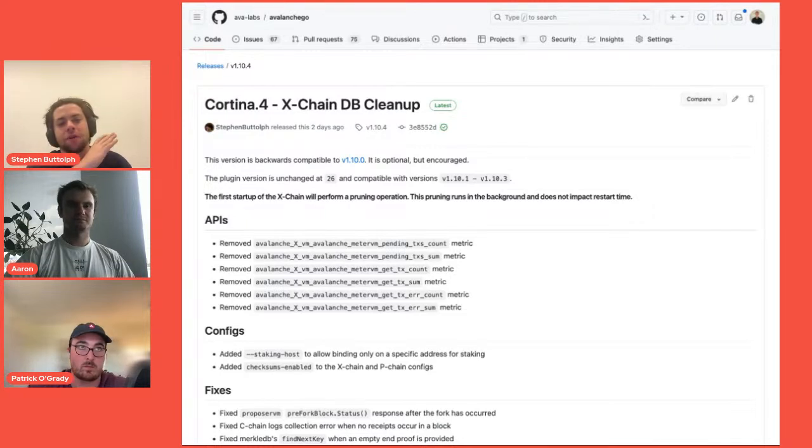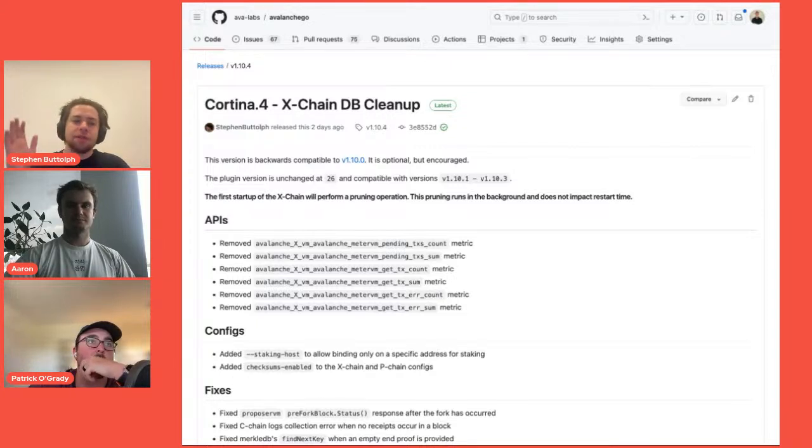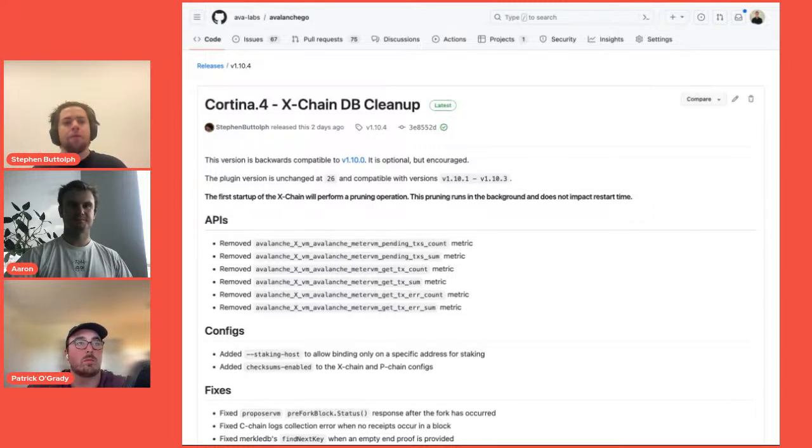So on the first startup, it'll go through and iterate over these now unused indices and clean them up and delete them. So you should see a little bit of an increase in DB IO and CPU usage for the first run, but after that, it should immediately just say, oh, already pruned, and move on.